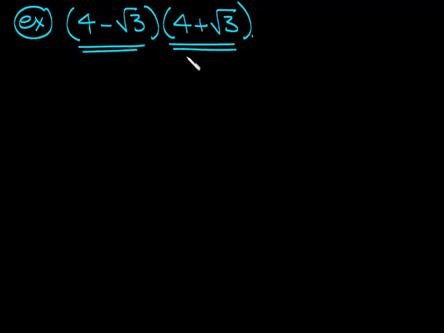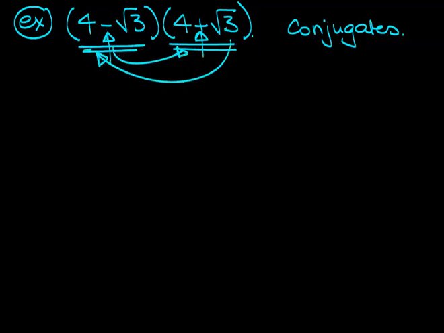Anytime you have two terms that are identical, the only thing that's different is the sign in the middle, then we call them conjugates. So the conjugate of this is this, and the conjugate of this is that. So they're exactly identical. The only thing that's different is the sign in the middle. Okay, the only thing that has to be different is the sign in the middle, and they become conjugates. And conjugates are extremely important.